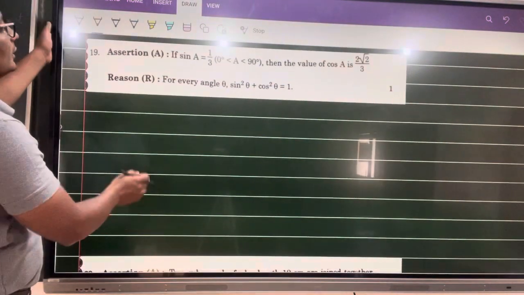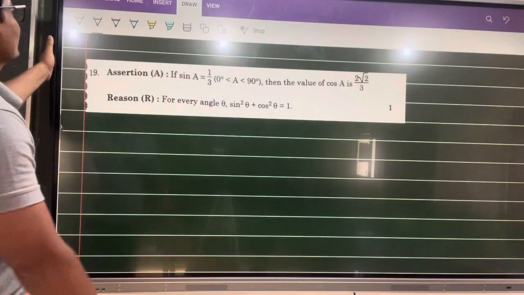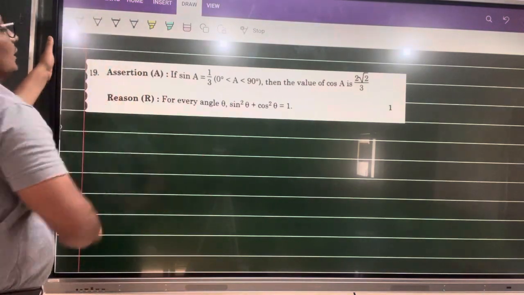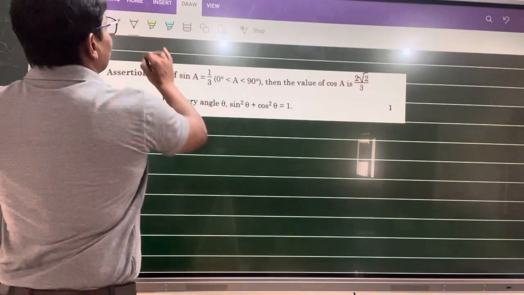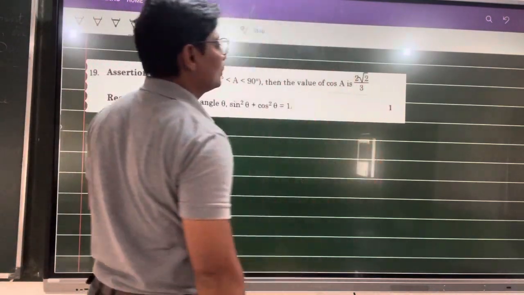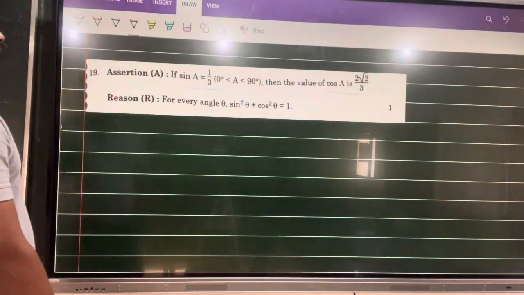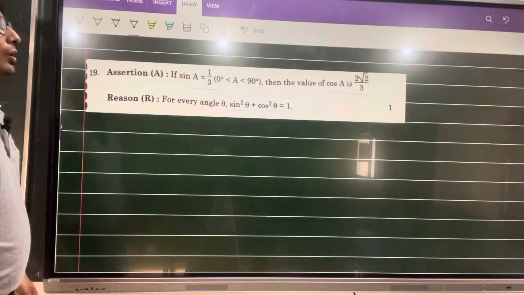And then the 19th question is an assertion and reasoning type of question. What they have given is that sin A equals 1 upon 3, then the value of cos A is 2 root 2 by 3. For every angle theta, sin square theta plus cos square theta equals 1.